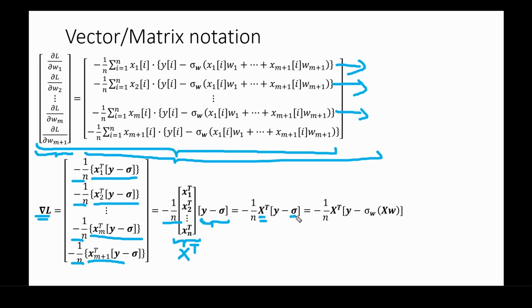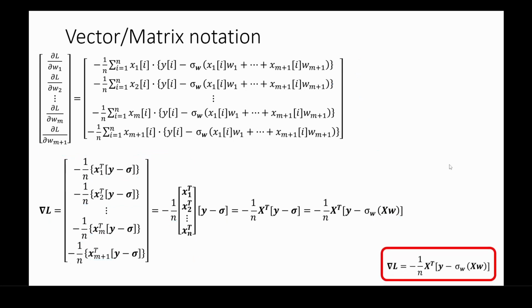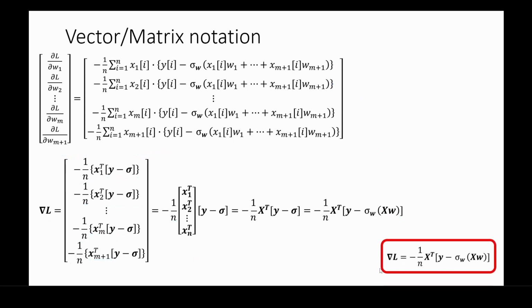The sigmoid function is the sigmoid function of X times w, as we derived before. So in the end, we are left with this expression: the gradient of the loss function is equal to minus 1 over n times the big X transpose multiplied by y minus the sigmoid function of X times w.